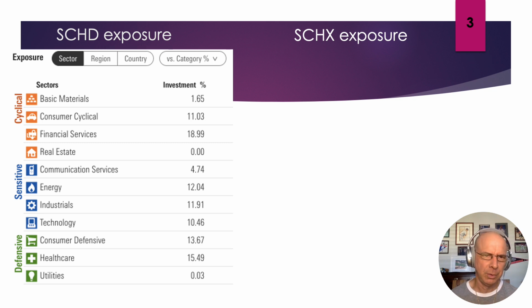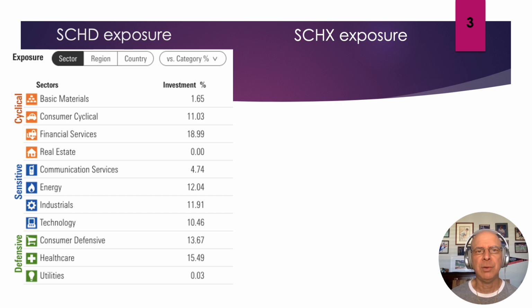Very little utilities, but is highly invested in financial services of 19%, followed by healthcare of 15.5%, and then consumer defense of 13.67%. Again, anytime you can stop the video to see and study what sectors SCHD is exposed to.